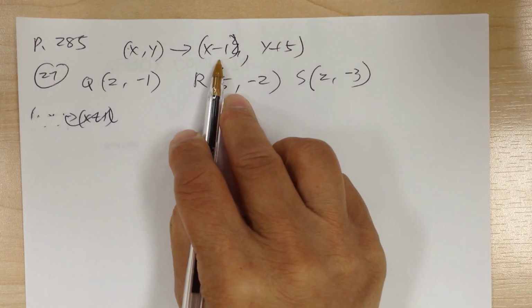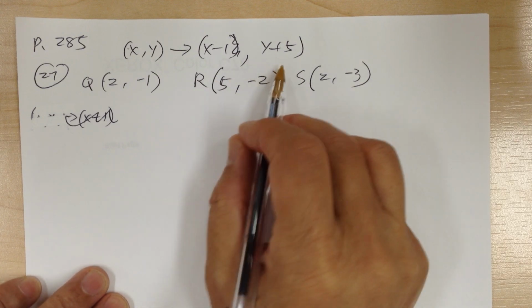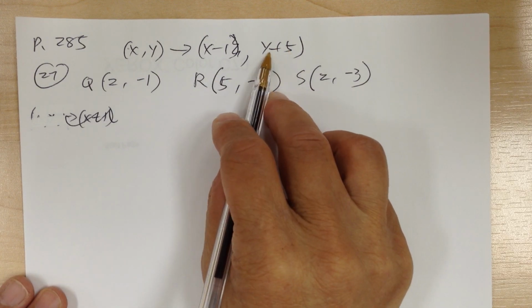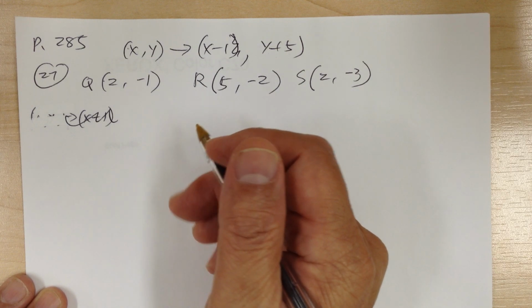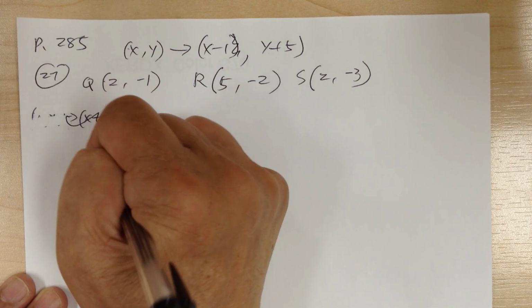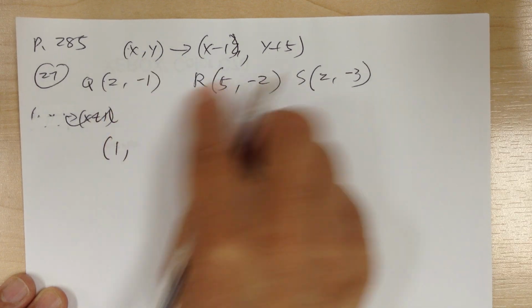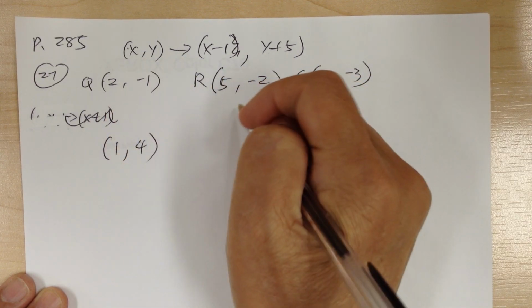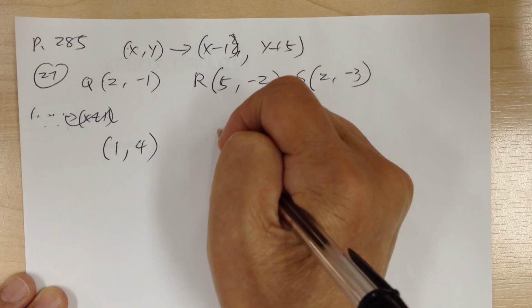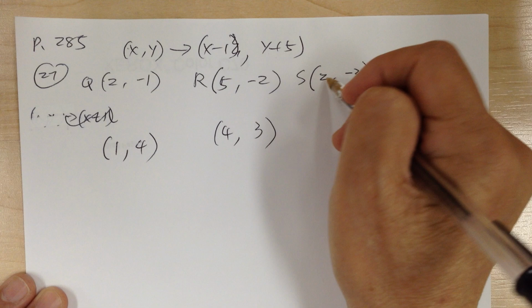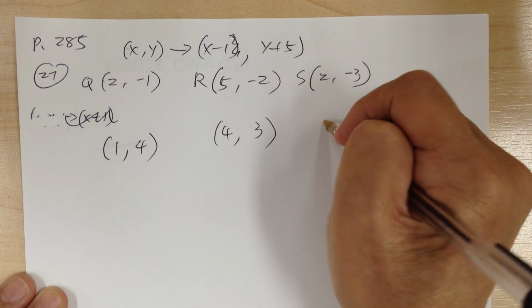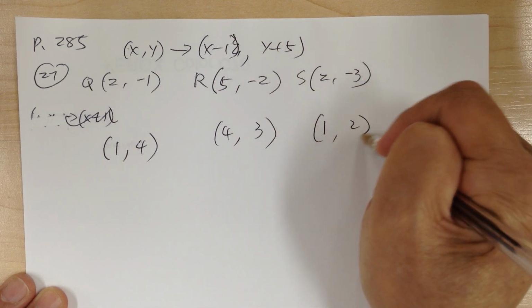So what it's saying to you is minus 1 on the x and plus 5 on the y. So this becomes 1, 4, since 2 minus 1 becomes 1 and negative 1 plus 5 becomes 4. And this one, 5 minus 1 becomes 4, negative 2 plus 5 becomes 3. And this one, 2 minus 1 becomes 1, negative 3 plus 5 becomes 2.